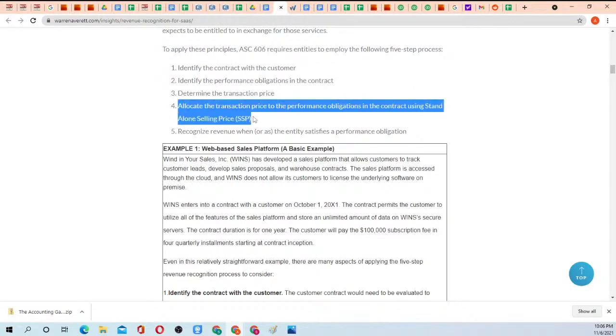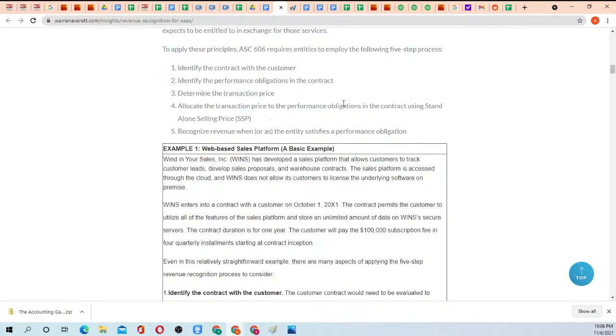So that step assumes that you have standalone selling prices for the stuff. Recognize revenue when or as the entity satisfies a performance obligation.